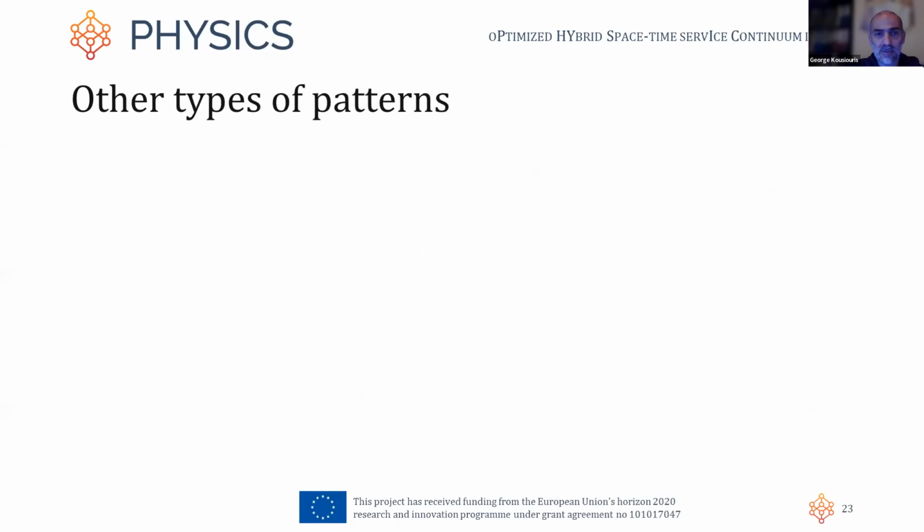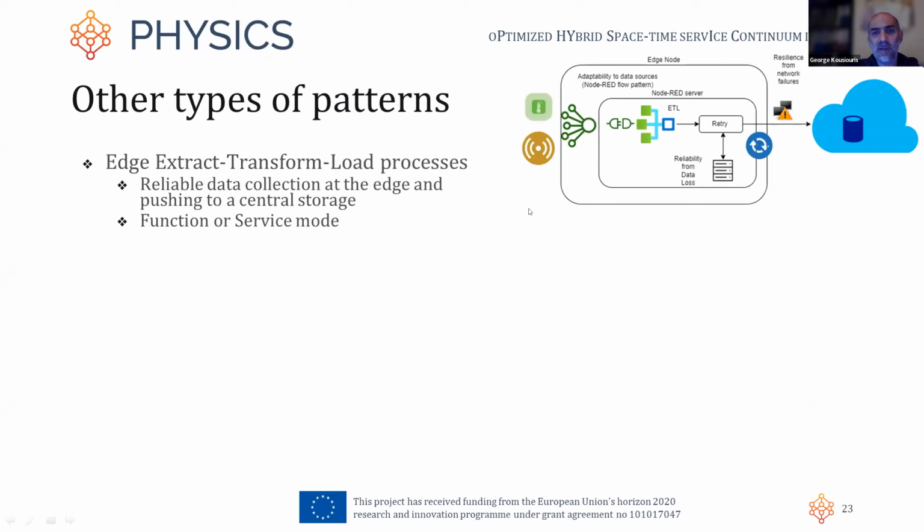Other types of patterns that we have, specifically for edge cases, we have an edge ETL process. This is to enhance the reliability aspects of data collection at the edge. We have such specific use cases, like the smart agriculture use case that Ariana mentioned. The use case reports a lot of reliability issues when collecting the data.